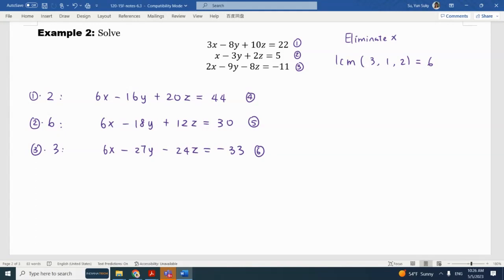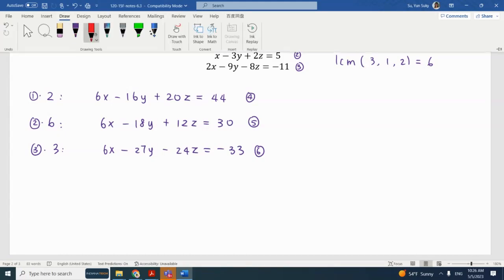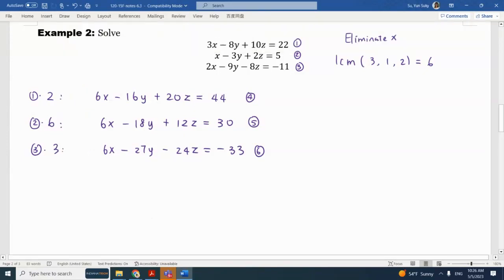Then we pick 2 pairs to eliminate the x. Ethan, which pair do you pick? Let's do 6 minus 5.